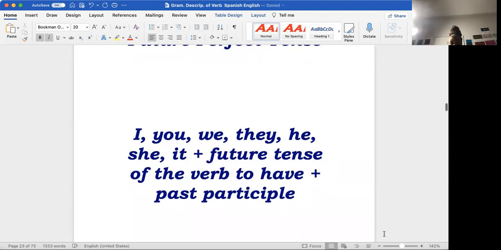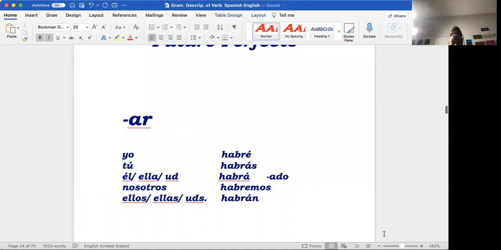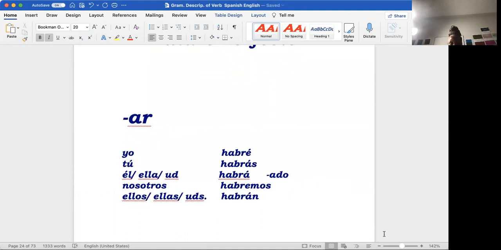Okay. Now in Spanish, as you well know by now, you have to first be aware: is it the AR verb? Is it the ER verb? Is it the IR verb? If it's the AR verb, the thing that changes is the verb haber. No, it's the ending, the participle ending. That's it. So the verb haber, remember, means in Spanish the auxiliary verb to have, H-A-B-E-R.